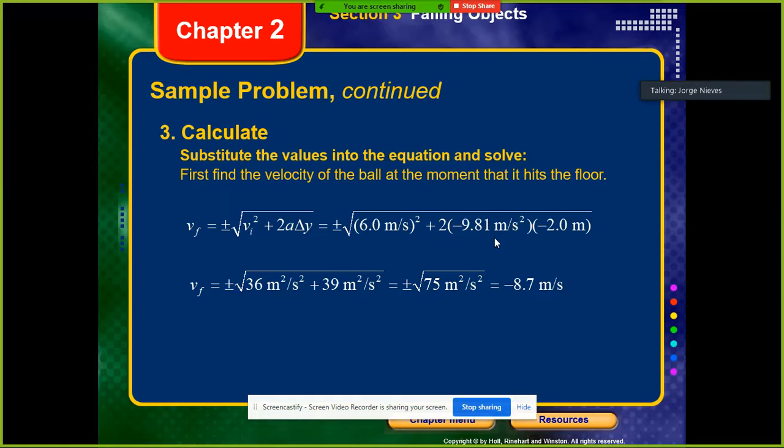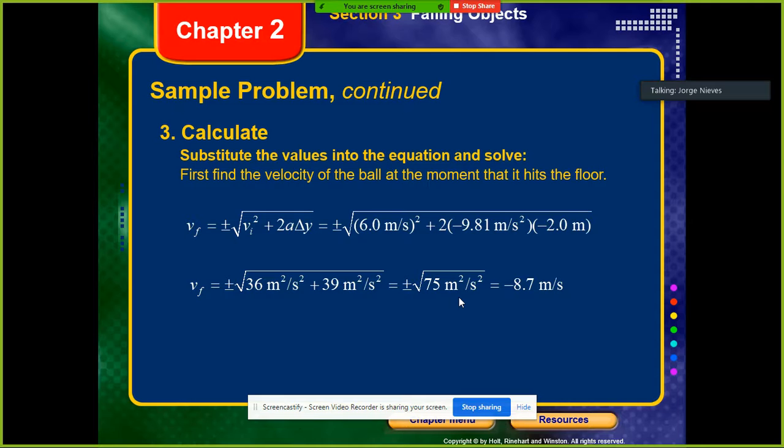If we multiply 9.81 times 2.0, usted va a multiplicar eso y eso te va a dar 19.81, and then we're going to multiply by 2, and that's where the 39 is obtained. Then we're going to add the 36 plus 39, and that's going to be 75 meters squared per second squared.